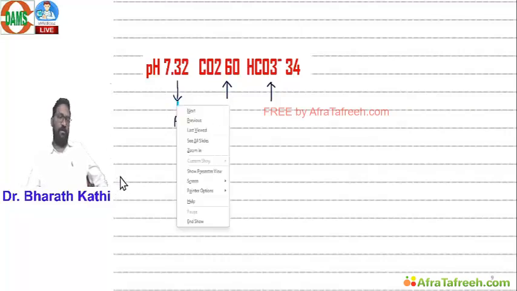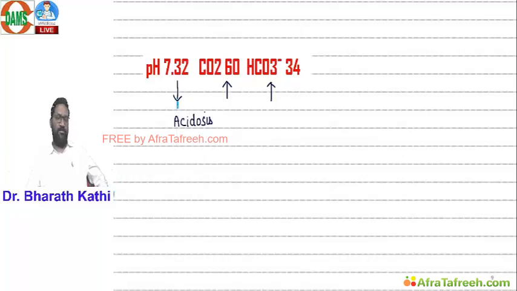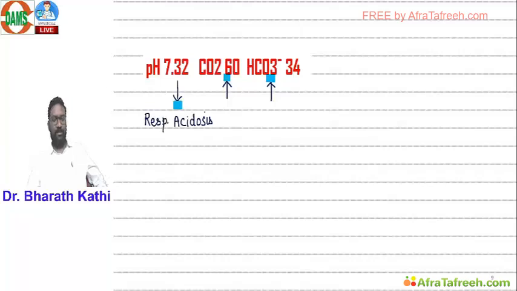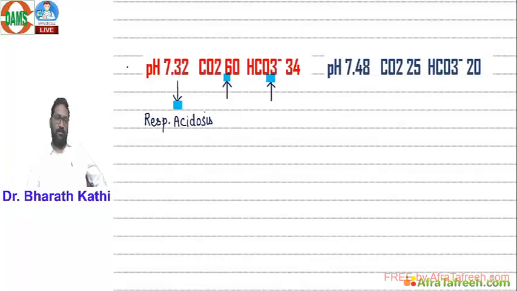Now what is the primary disorder? Is it respiratory or metabolic? See here, pH has decreased but the other parameters have increased. Change in pH with respect to the parameters is in opposite direction. So what should be the primary? It should be respiratory. Very simple. For practice, this is question number 1.